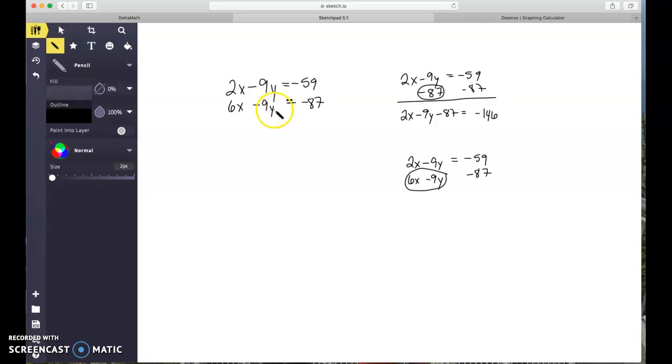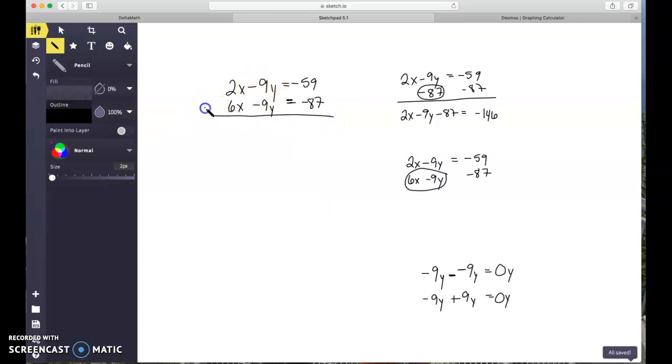So if I subtracted, right, if I took negative 9y minus a negative 9y, I would get 0y, because when I have a negative minus a negative, I'm actually doing negative 9y plus 9y, right? So I would get a 0y. So that's what I'm going to do, my method of elimination here. Okay, I'm going to do the opposite to get those 9y's to eliminate, right?